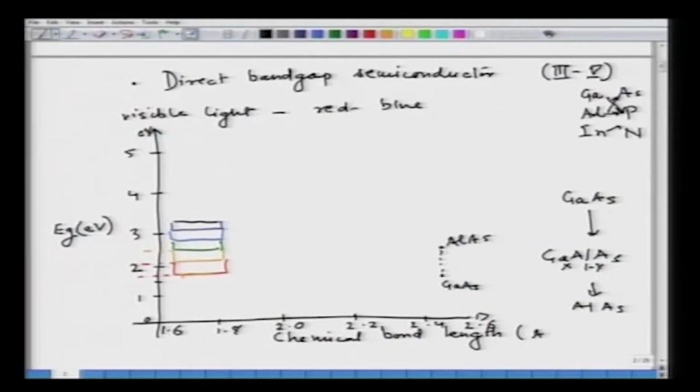The phosphide systems are slightly higher.